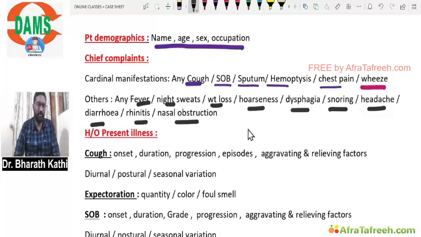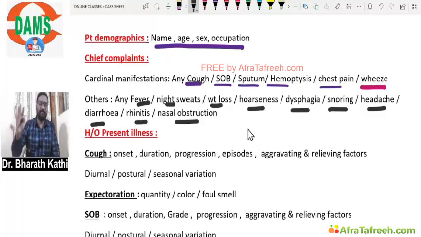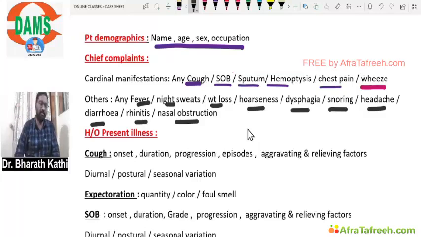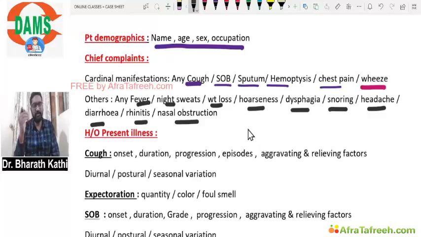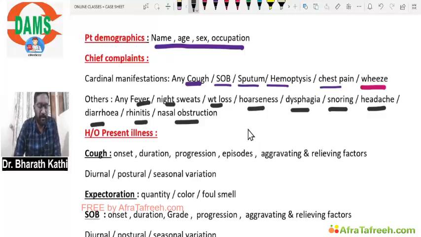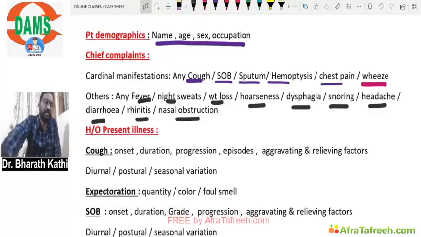He might have forgotten to tell you as a chief complaint, and the examiner will ask you why this was not written. And when the examiner asks, the patient will say that he had all those chief complaints. So that's why, apart from what the patient says, as a resident you keep in mind these symptoms also, and retrospectively ask him whether he was having it as a main complaint. Now once you have written chief complaints, you have to explain the chief complaints in the history of presenting illness.